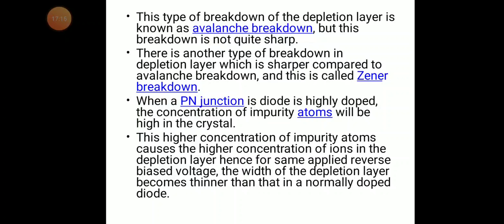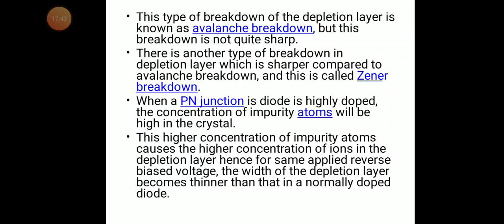After generating a free electron, they acquire kinetic energy and again those electrons collide with the ions, and then they generate a huge amount of free electrons. Like that, it takes some time, so it is not a sharp generation. So this is one type of breakdown, called avalanche breakdown. It occurs in the reverse bias.